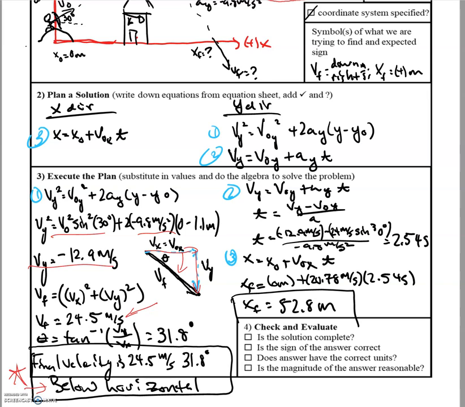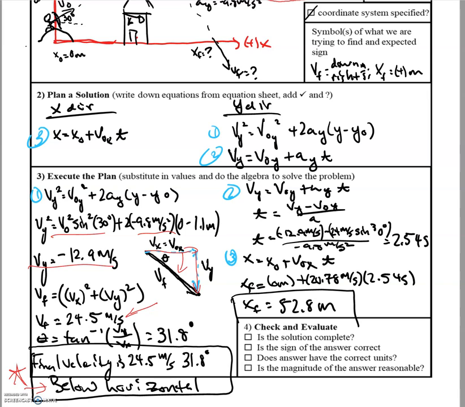Then we're asked for the range. So for range, we know that the acceleration in the x direction is 0. So we just have position as a function of time and velocity in the x direction to solve for range. We're missing time, so we need a way to solve for the time that the arrow is in the air. We use the y direction for that, since that's what dictates time.